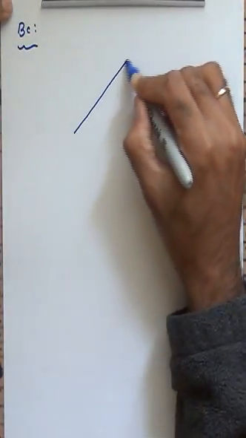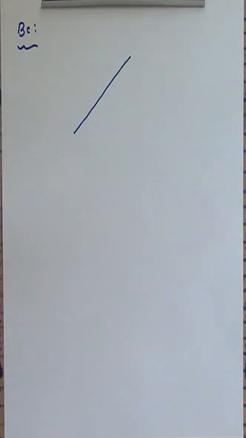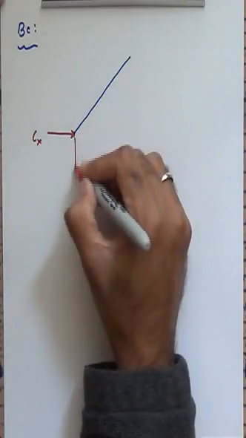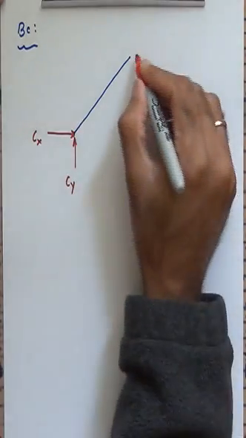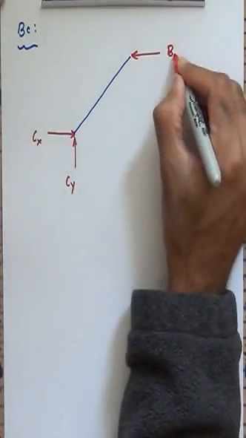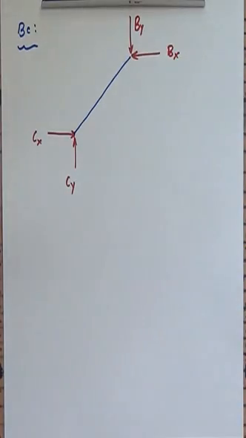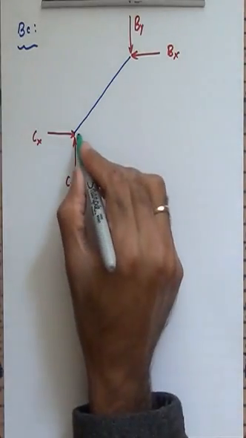I have the bar drawn at an angle, and then I have the reaction forces CX and CY and BX and BY. So this is CX, this is CY, and this is BX, BY, drawn as shown in the previous page. I have some dimensions as well.